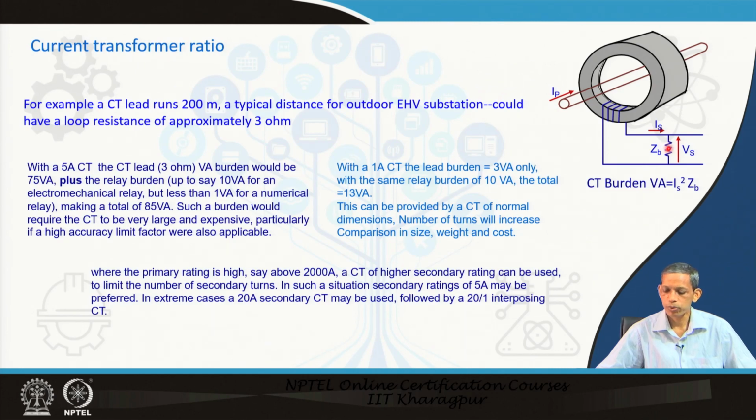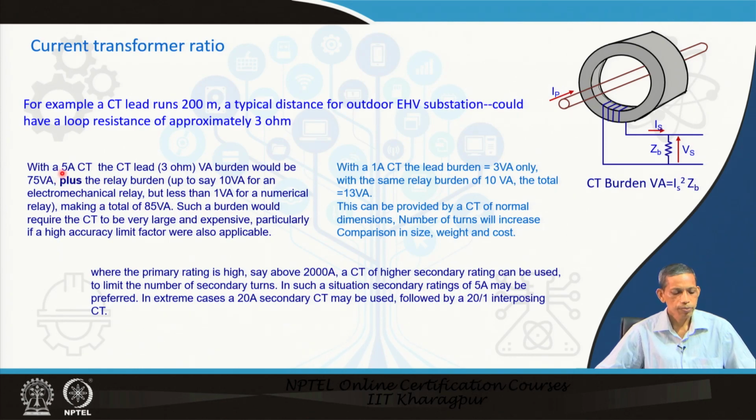If that impedance is ZB, then the burden to the current transformer is I squared ZB. That is the load connected to the secondary winding. That is why the CT burden in volt-amperes equals the secondary current squared times the equivalent impedance of the connecting lead and the elements connected to the secondary winding.